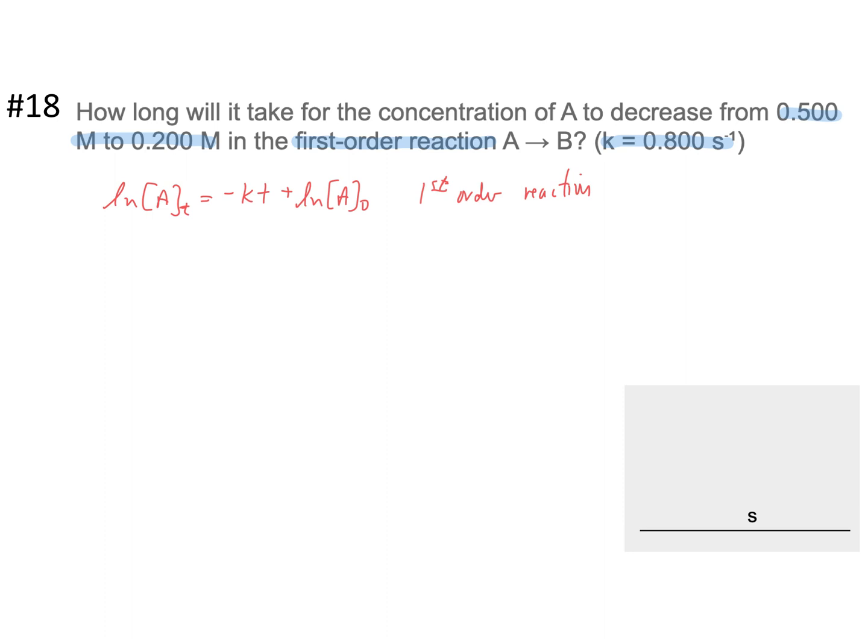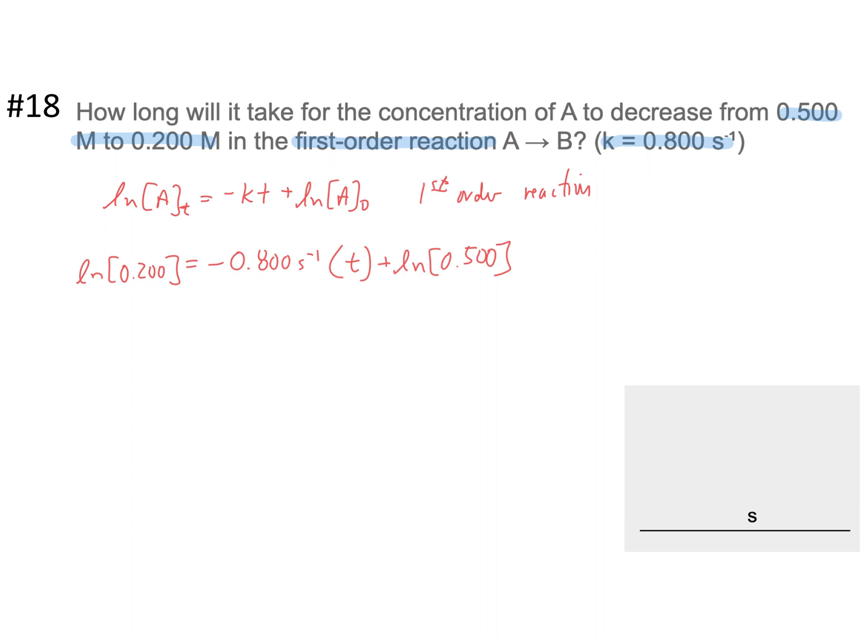So we can plug in. The natural log of 0.2 equals negative 0.8 inverse seconds times time, we're looking for time, plus the natural log of my initial concentration, which was 0.5.